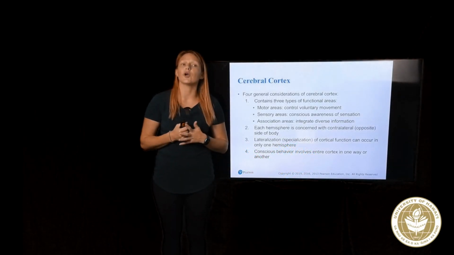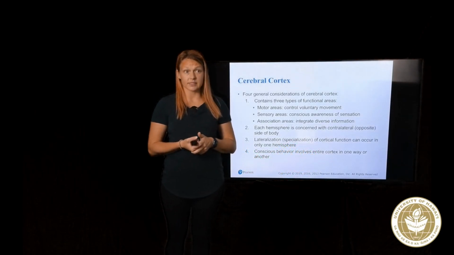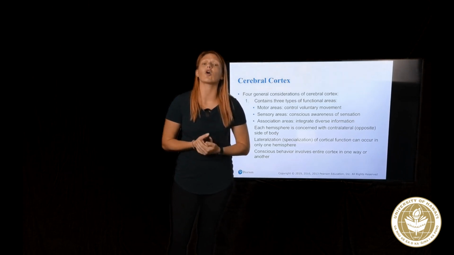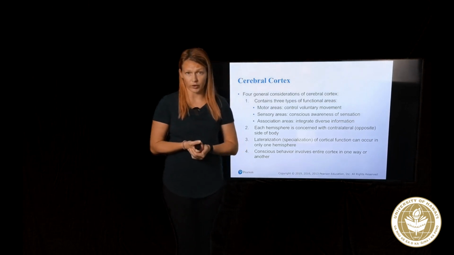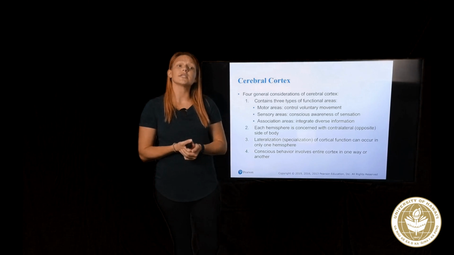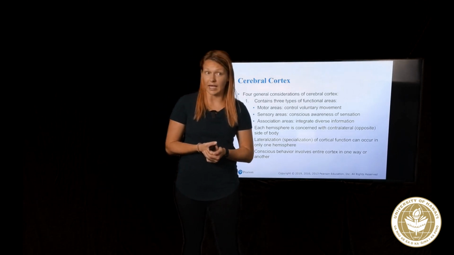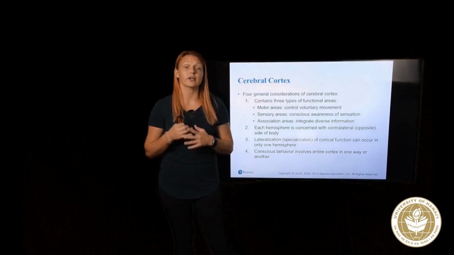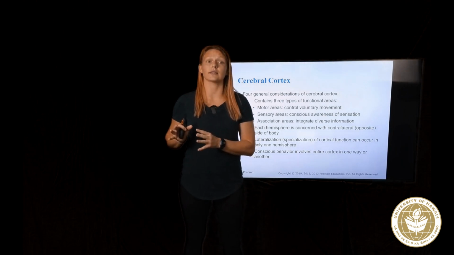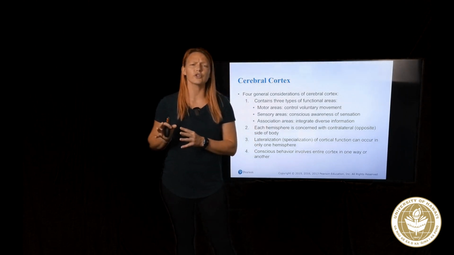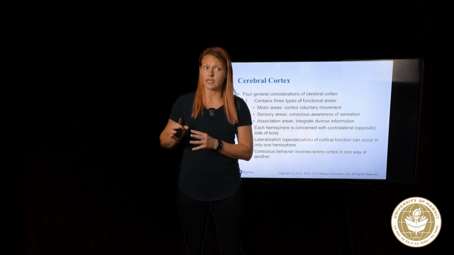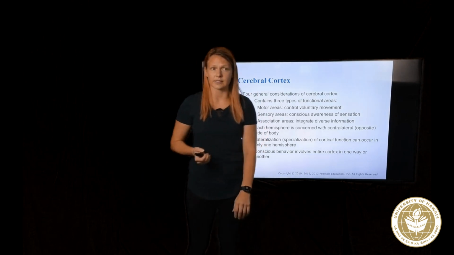So we're going to talk a little bit more about the cerebral cortex and look at 4 general considerations of the cerebral cortex. So the cerebral cortex contains 3 main types of functional areas. There's a motor area that controls our voluntary movement, such as moving our arms, moving our legs.